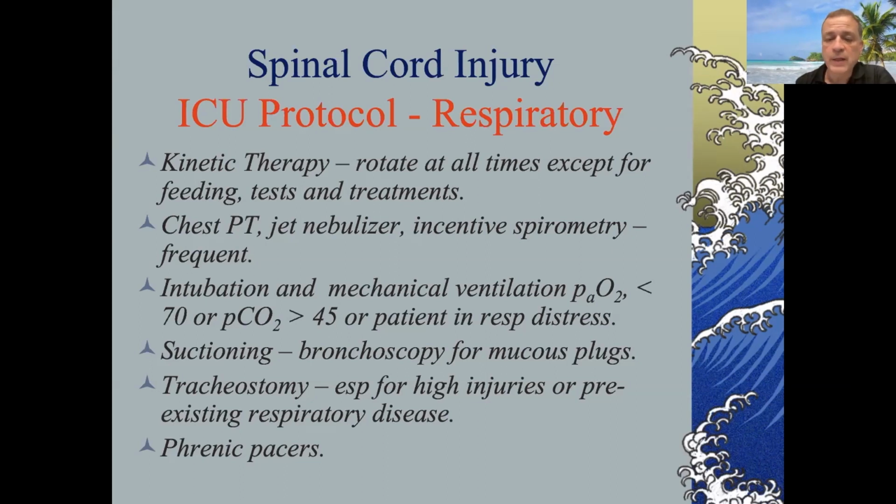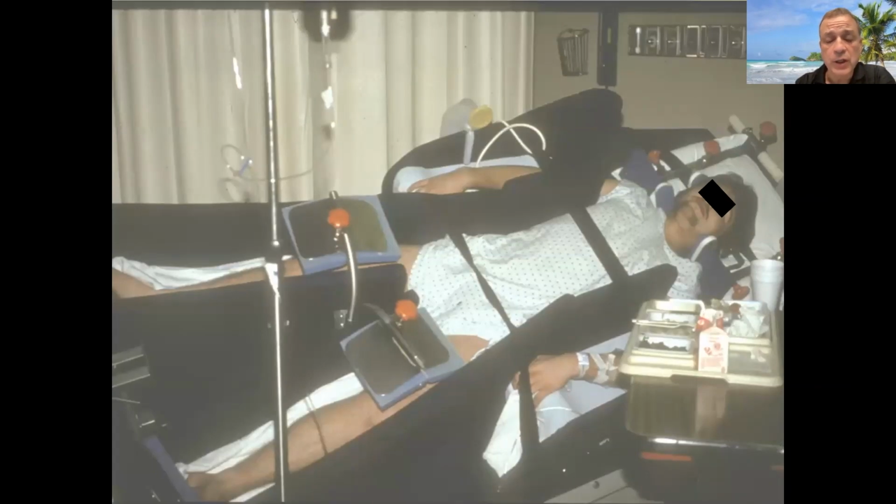That's not uncommon, and respiratory therapy is an important part, and suctioning for mucus plugs is an important part to prevent them from getting on a ventilator or ultimately requiring a trach. If they're a high injury like C1, C2, and their phrenic nerve is not working, they'll often need a pacemaker. This is showing a patient on a Roto-Rest bed, which we used to use more often than we do now, but it's a mechanism to improve pulmonary function and reduce pressure sores.